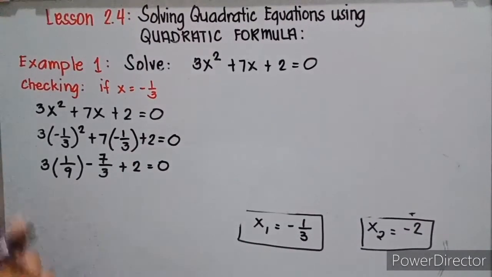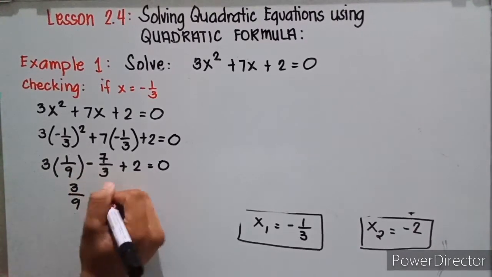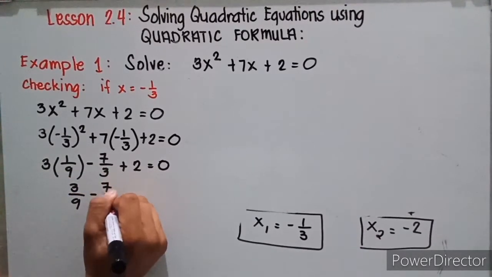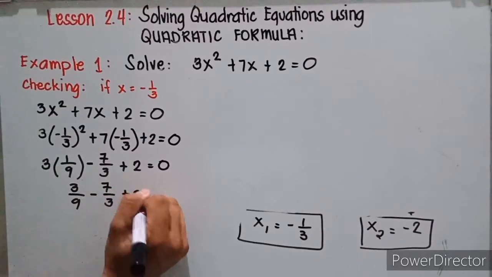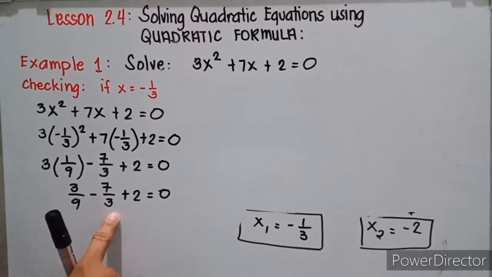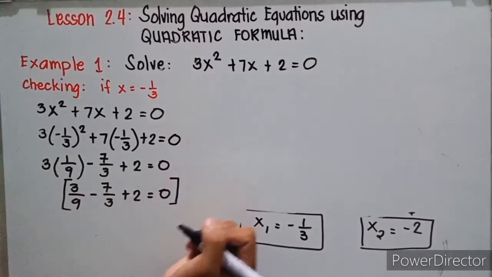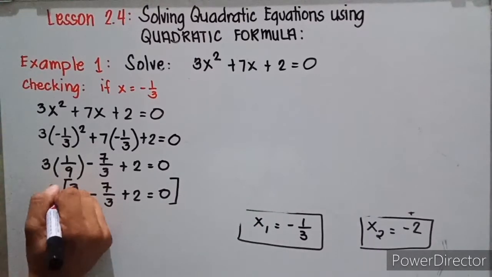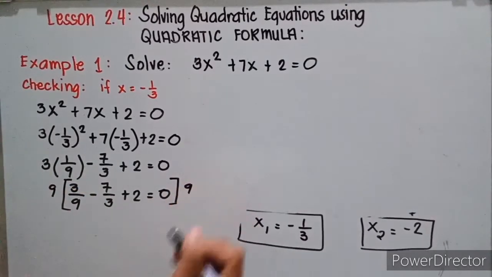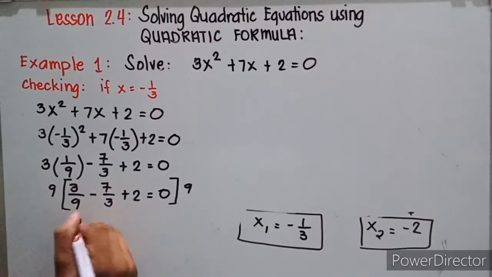Then multiply 3 times 1, that is 3 over 9 minus 7 over 3 plus 2 is equal to 0. Then for us to eliminate the denominator, let's multiply both sides by the LCD, which is 9. So we have 9 times 3 is 27 divided by 9 is 3.